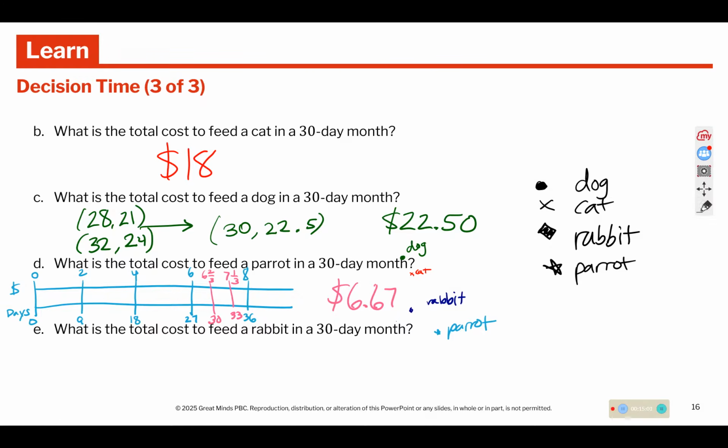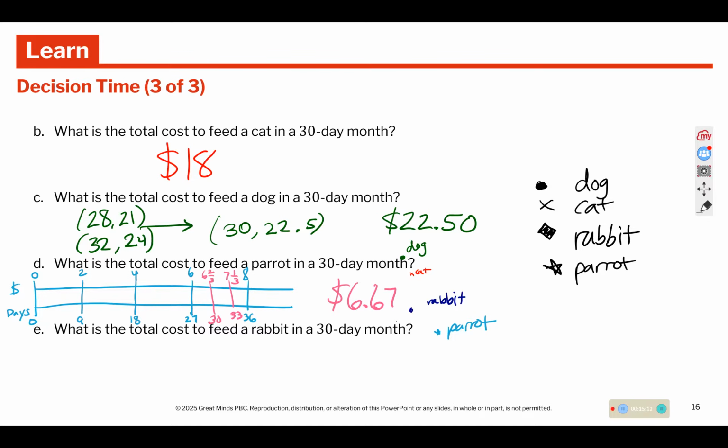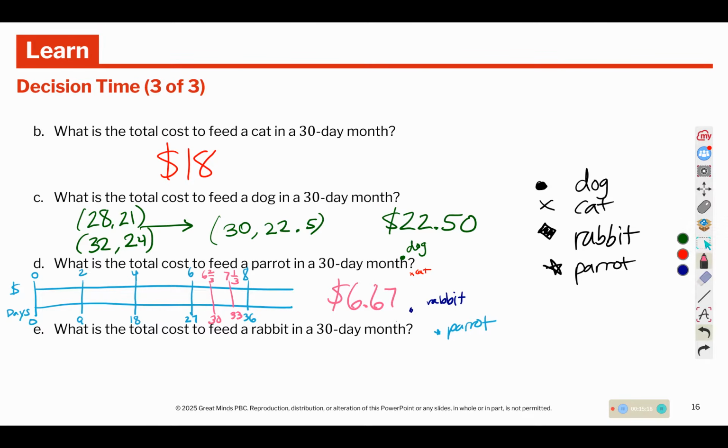For the parrot, did I do that out of order? Yes, I did. This should be the parrot.